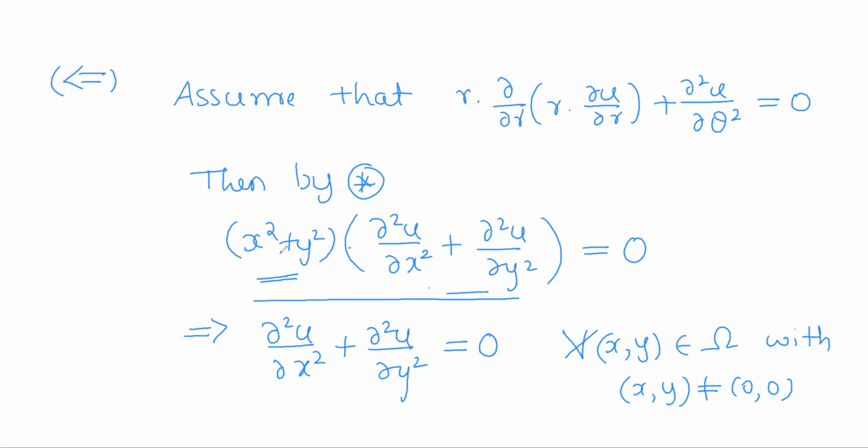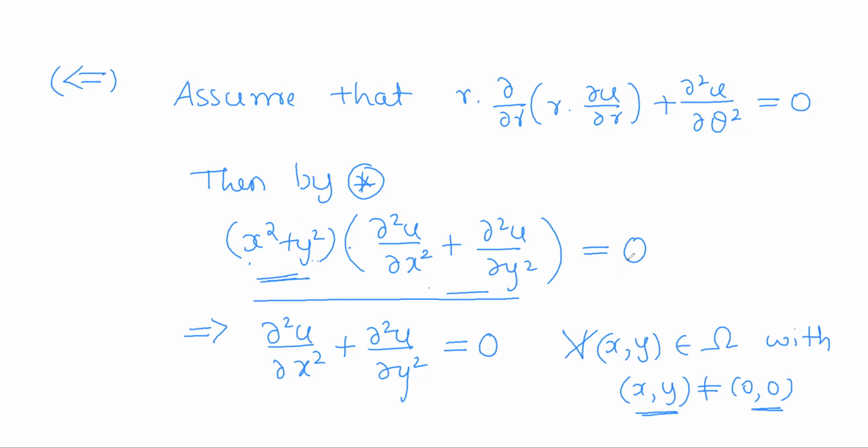So the first term has to be non-zero means any one of x and y has to be other than 0. So that is, x comma y cannot be equal to 0 comma 0. So that means both cannot be equal to 0. So if any one of x and y is non-zero, x² + y² will be non-zero, so that the term ∂²u/∂x² + ∂²u/∂y² will be 0.